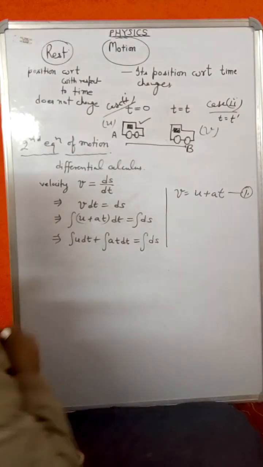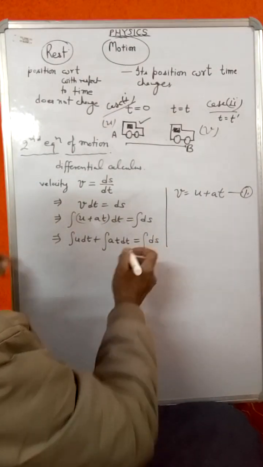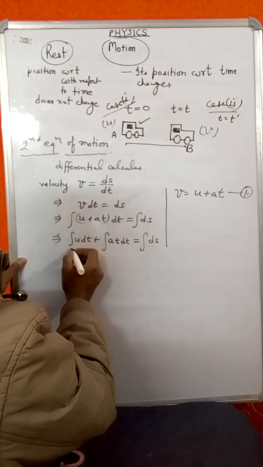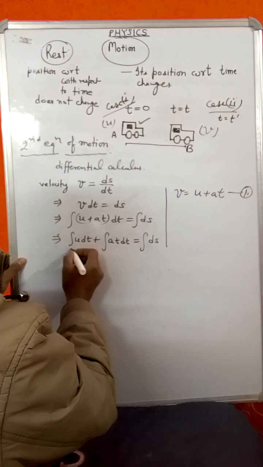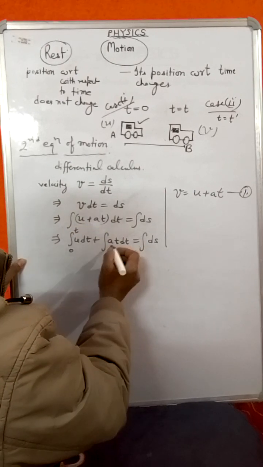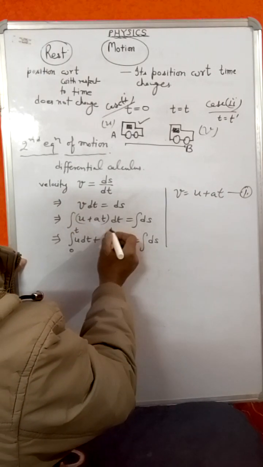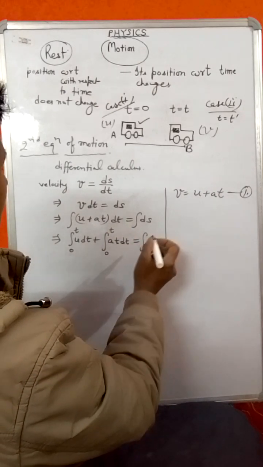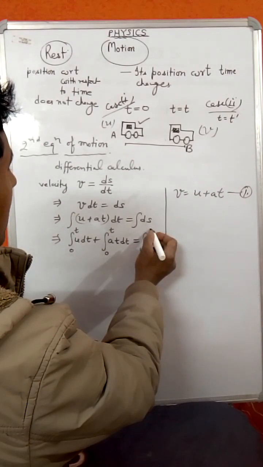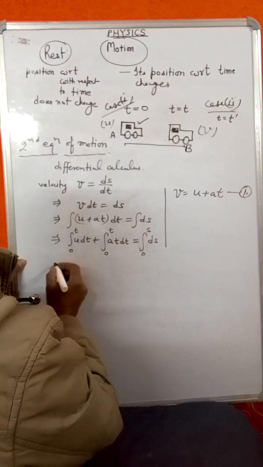Okay. Now what do we have to do? We need to put the limits. This will be from 0 to t, again from 0 to t, and this will be from 0 to s, correct?